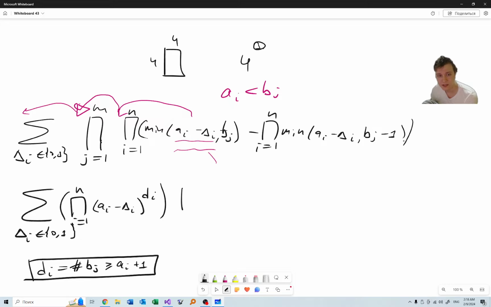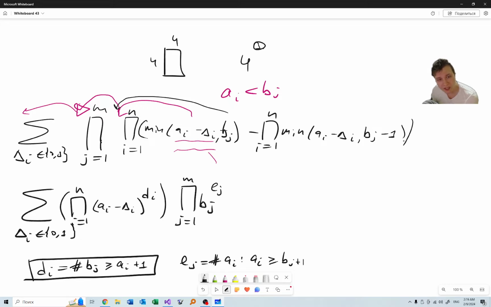After that, I can write product from j equals 1 to m. Okay, here I can remove b_j here. What will it be? It will be b_j to the power of, let's call it e_j. So e_j is the number of a_i's such that a_i is at least b_j plus 1.